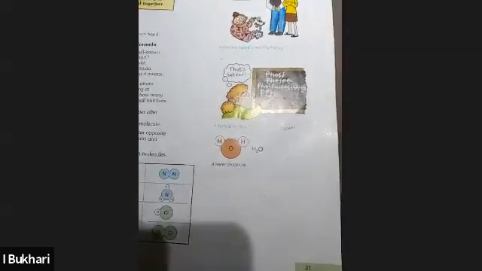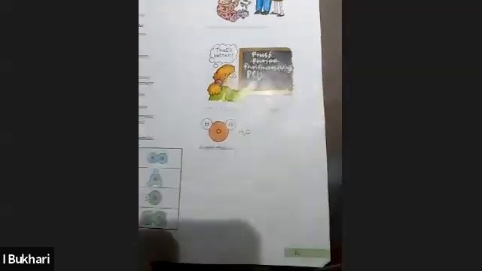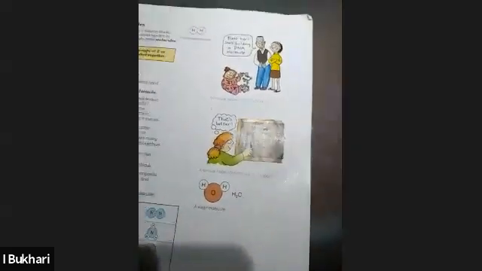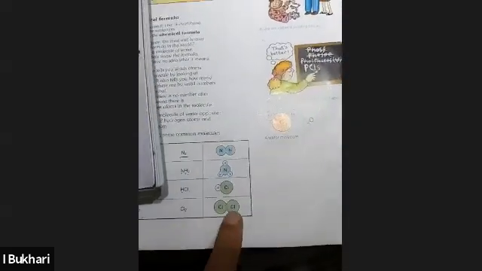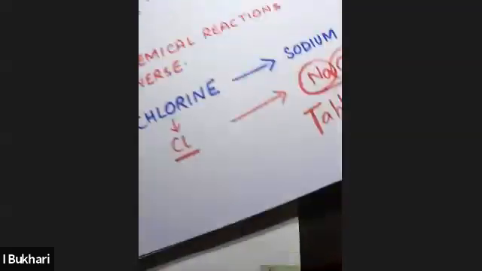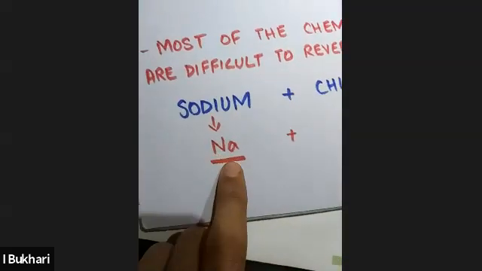These are two atoms of chlorine. So you won't have single chlorine atoms. Two atoms will always combine together to give you a simple molecule. Now sodium also exists as a metal.